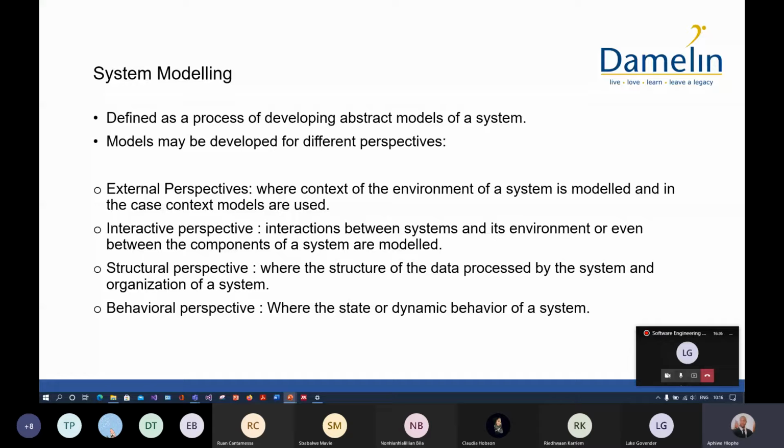Then we also have the behavioral perspective. With the behavioral perspective, it's more concerned with the different states that a system can be in, and also speaks to dynamic behavior. What kind of messages are the different subsystems sending each other?